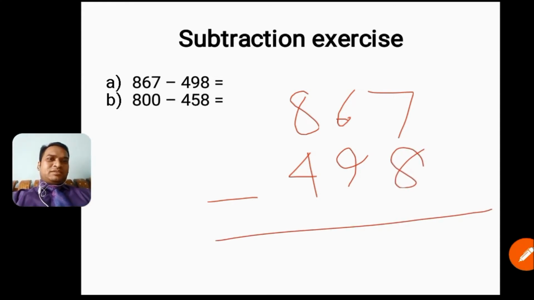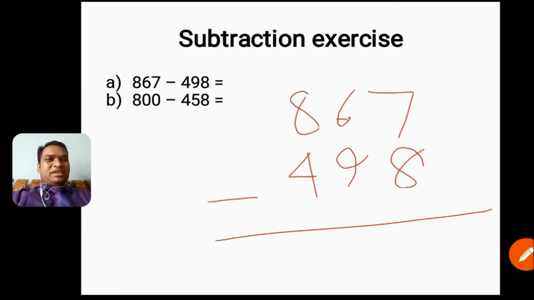If we minus it, you know the rule: if the top one is less than the bottom one, then what we need to do, we need to carry 1. From 7 we cannot deduct 8. So what should we do? We will borrow 1. This is the carrying method in minus.